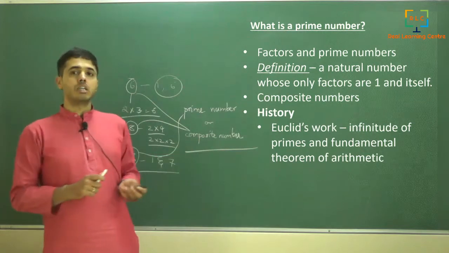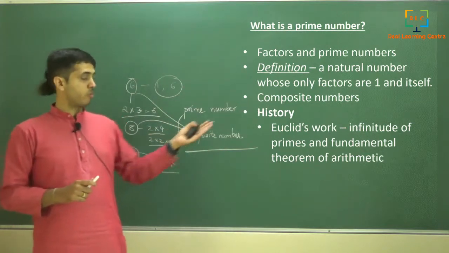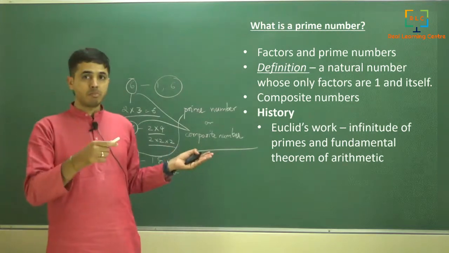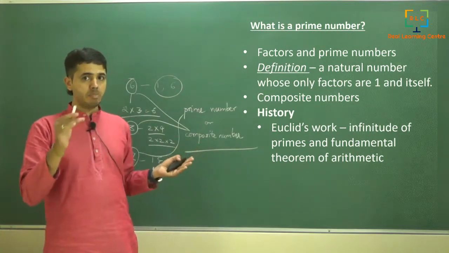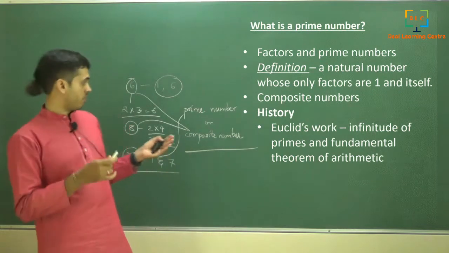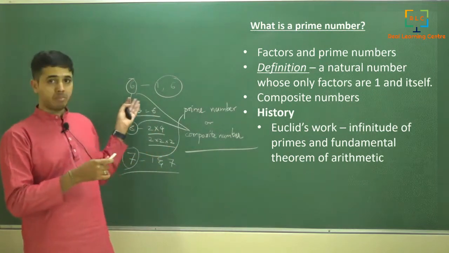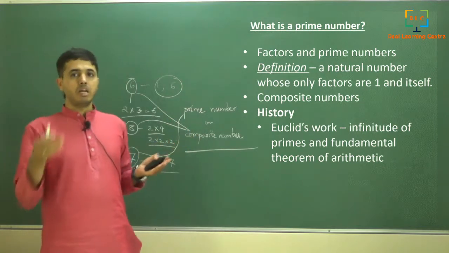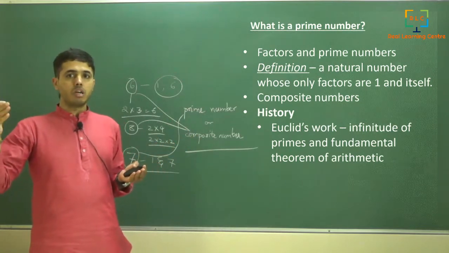As we can see here, Euclid proved the infinitude of prime numbers. It means, are prime numbers finite? We found that 2 is a prime, 3 is a prime, 5 is a prime, 7 is a prime, and like this you go on.